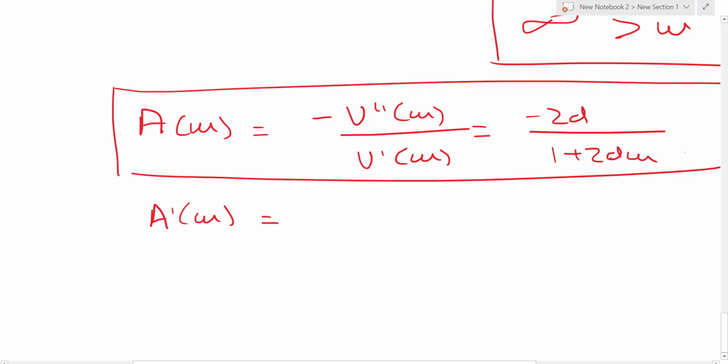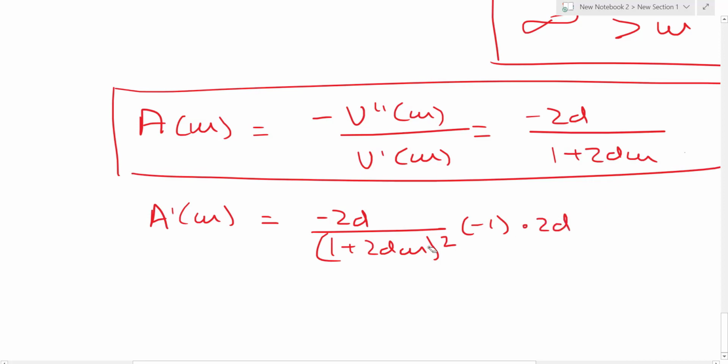Minus 2d is a constant in the numerator, so this will become 1 plus 2dw to the power of 2, and a minus 1 will come out, and the coefficient of w, that is 2d, will come out.